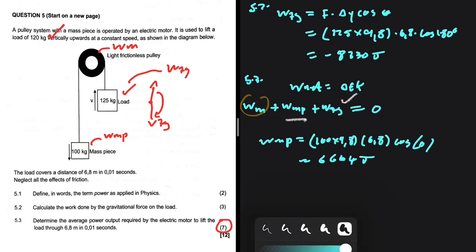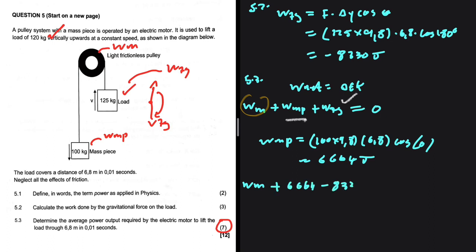Now, if we substitute back in our equation, the work done by the motor plus 6,664 minus 8,330 is equal to 0. So the work done by the motor is equal to 8,330 minus 6,664. You're going to get 1,666 joules. This is the work done by the motor.